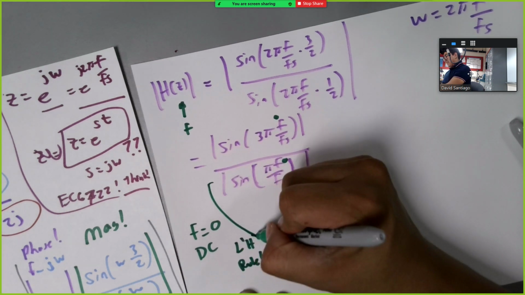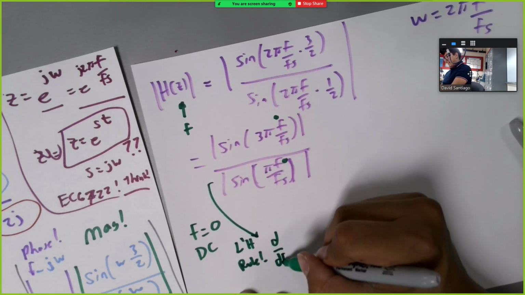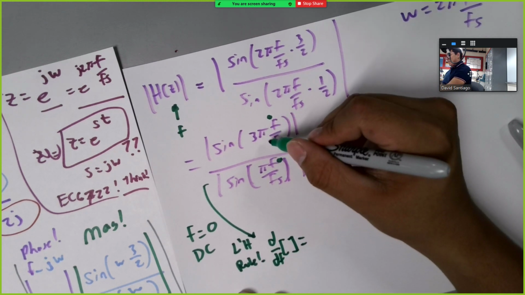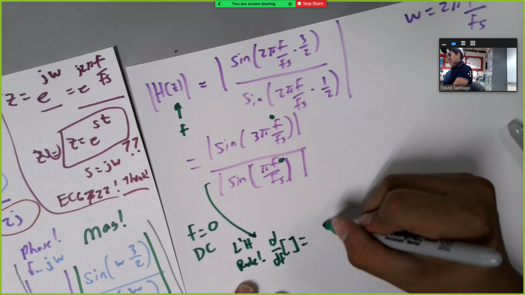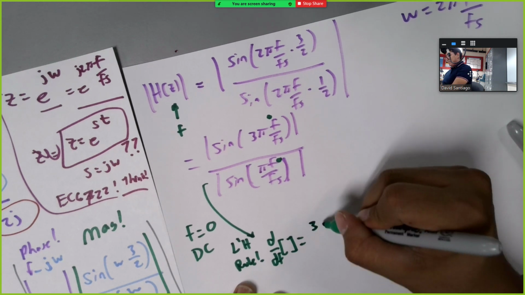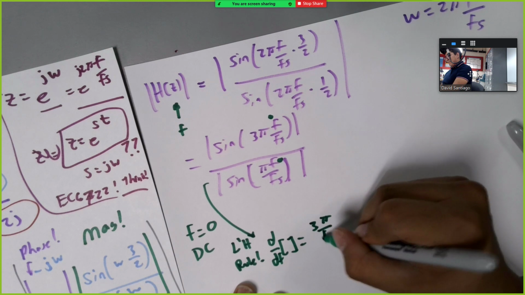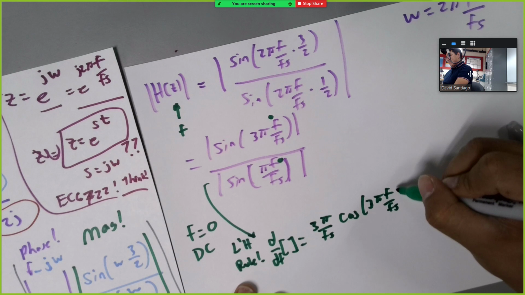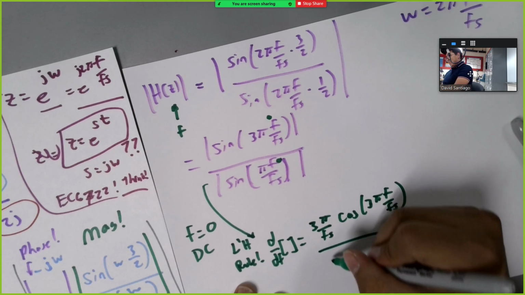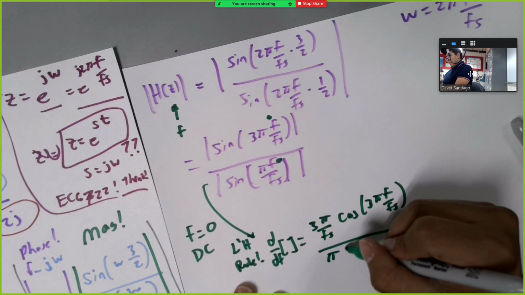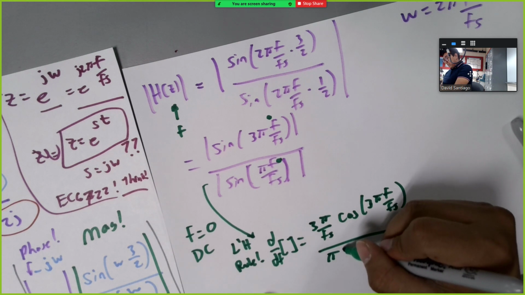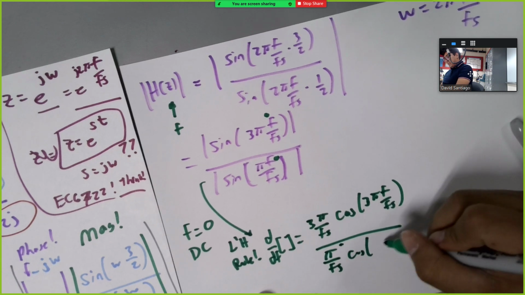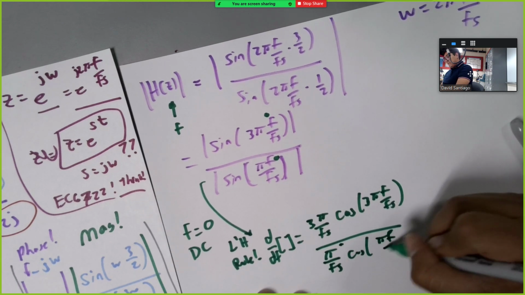where we take a derivative with respect to f of that entire thing. If we take a derivative of this, we're going to get 3 pi over f sub s cosine of 3 pi f over f sub s, divided by pi over f sub s cosine of pi f over f sub s.